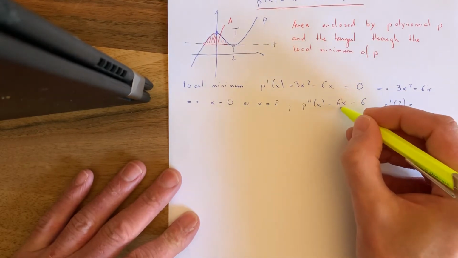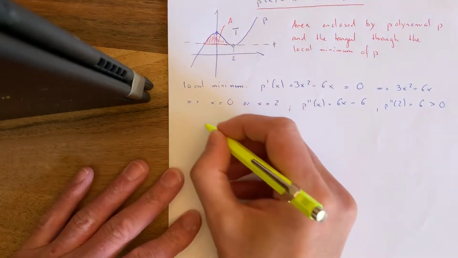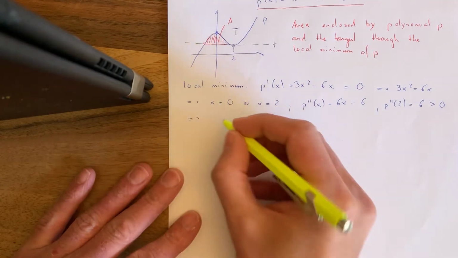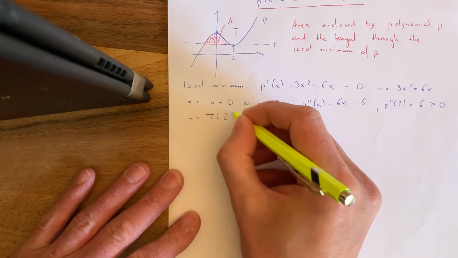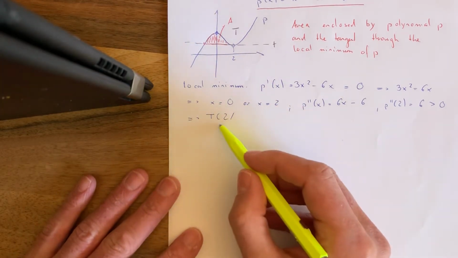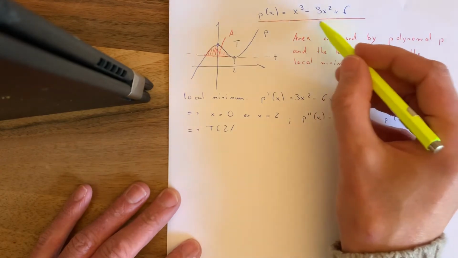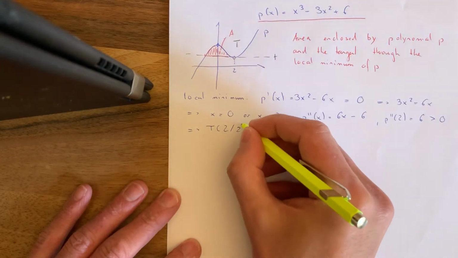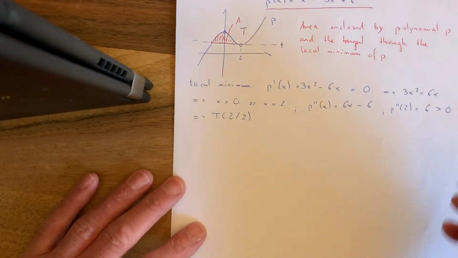Then we get 6 times 2 minus 6, which is 6, which is bigger than 0. So we have in fact a local minimum at 2, or a Tiefpunkt with coordinates 2. And if you plug 2 into the function equation from the beginning, you see the y coordinate is also 2. So we have a local minimum there.